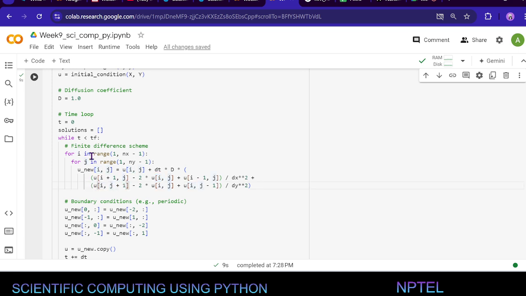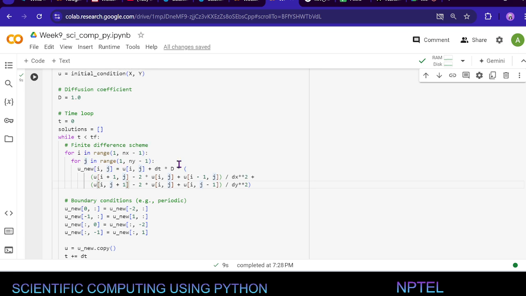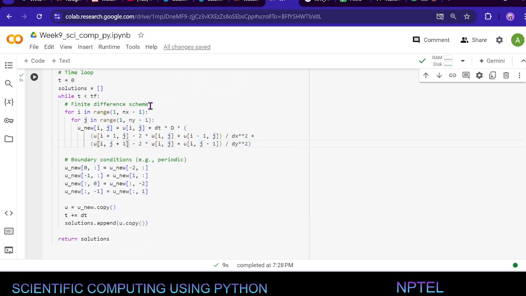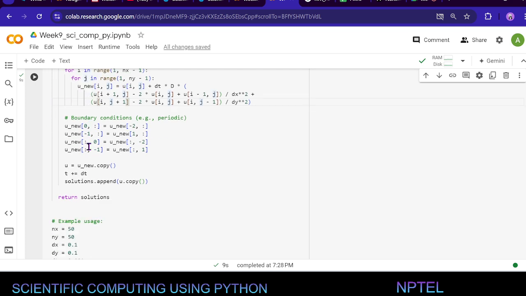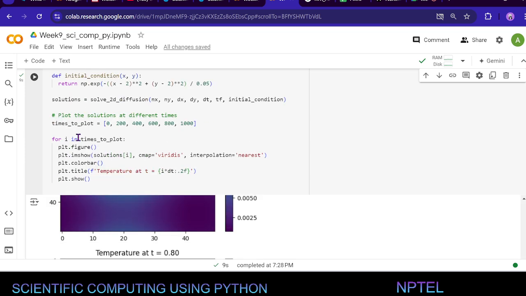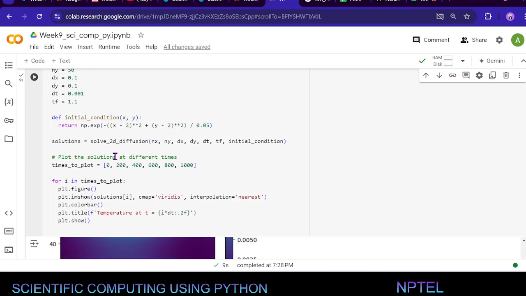So now you have two loops running for i and j. Okay, and we haven't done vectorization here, and the boundary condition is taken to be periodic, and then give the parameters and basically solve.